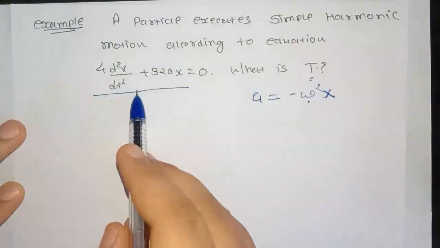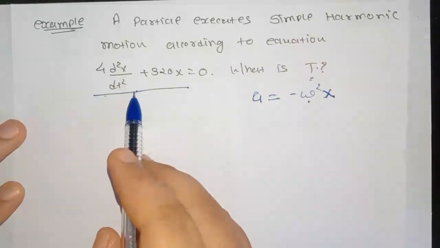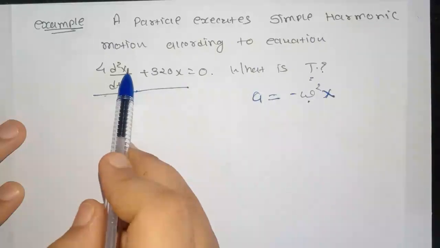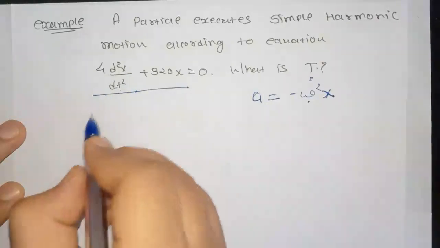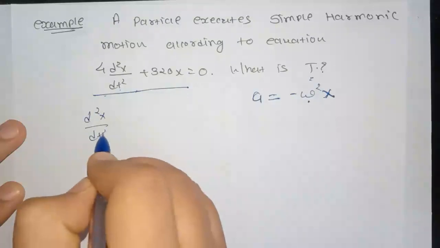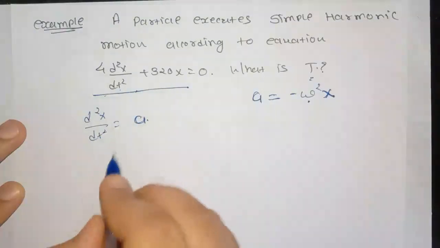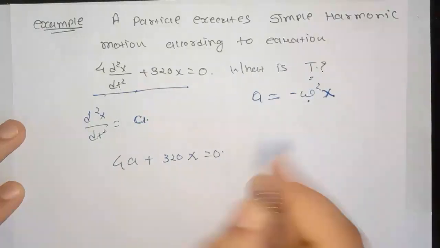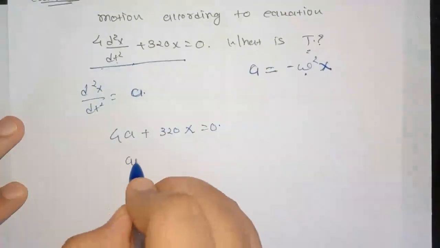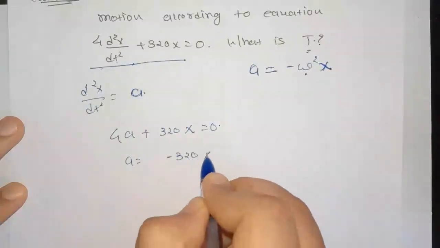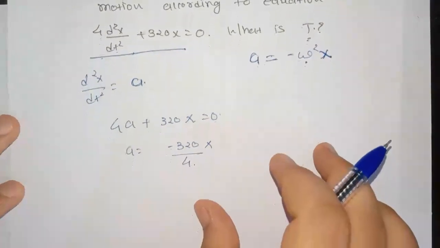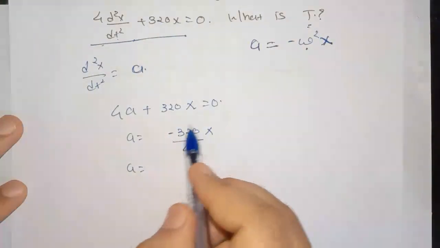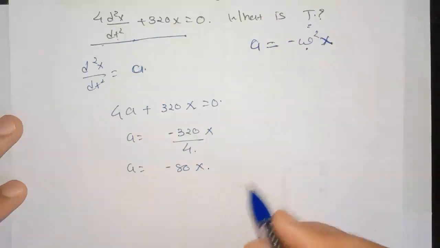So from this equation, let us find the acceleration. Here d square x by dt square is the differentiation of position with respect to time twice. So d square x by dt square can be written as acceleration. So 4a plus 320x is equal to 0. So acceleration is minus 320x divided by 4. So acceleration will be minus 80x.